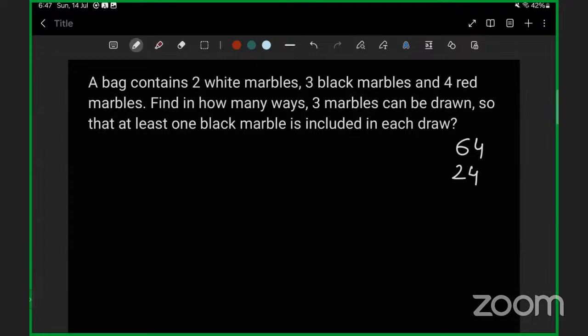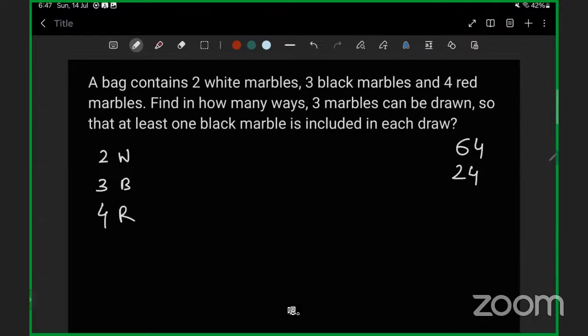Okay, I think I can do it. I'll solve it. So I have two white, three black, and four red.